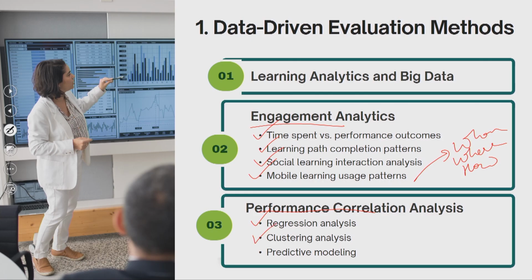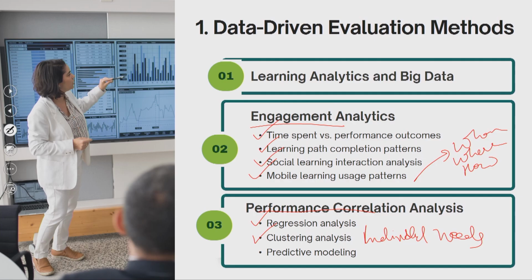Another aspect is clustering analysis. Clustering analysis is where we group learners by behavior patterns, revealing distinct learning styles and preferences. So this enables personalized learning paths that match individual needs. When you are looking into clustering analysis, all the individual needs are vital, they are critical.